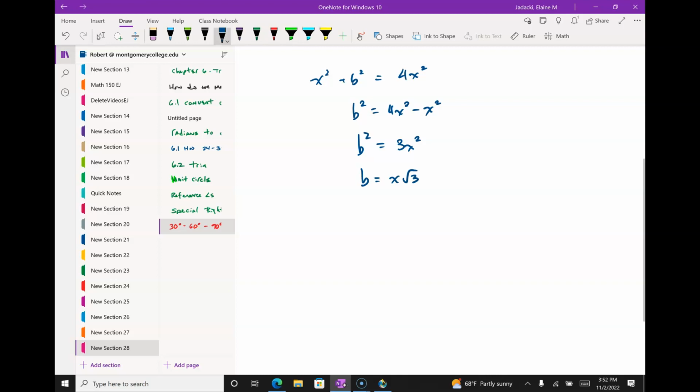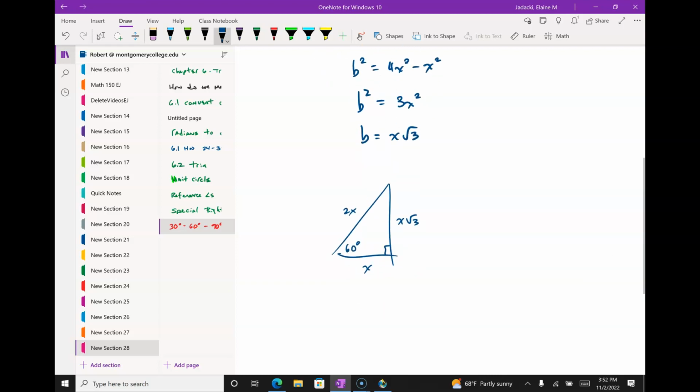So looking at my 60-degree angle, I have an x rad 3 here, and I have a 2x here, and I have an x here. What trig do you want to do? Let's do a tangent.